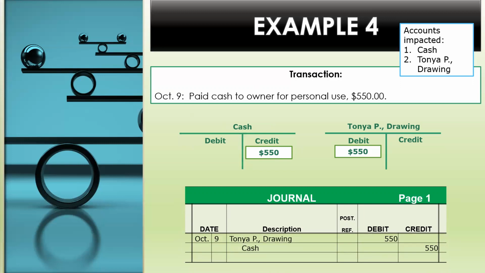We enter the date, October 9, and we need to do our debit first. So we have the description of Tanya P. drawing. We go over to the debit column and we enter $550. On the very next row, we have our credit, and we are going to credit the cash account in the amount of $550.